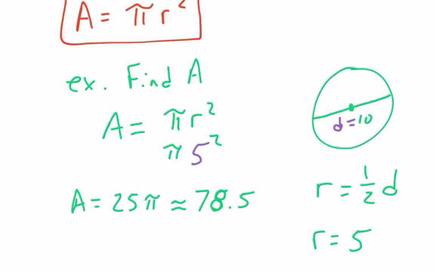My equals, I'm trying to do those little squiggly equals for approximately. Now with that, if we knew that the diameter was 10 inches, it'd be 78.5 inches squared. If instead we knew it was 10 meters, this is a ginormous circle, then it'd be 78.5 meters squared.